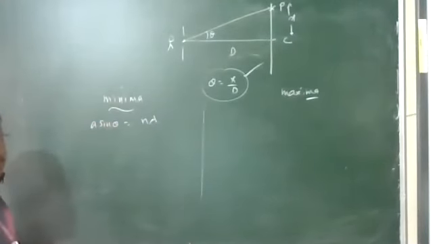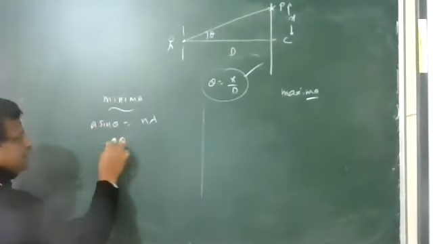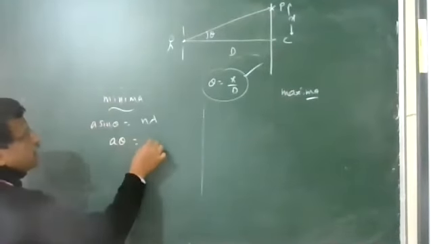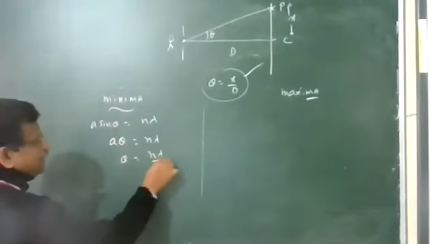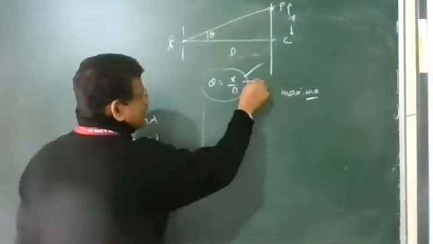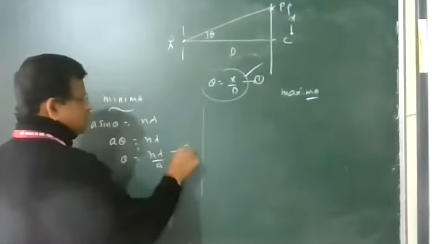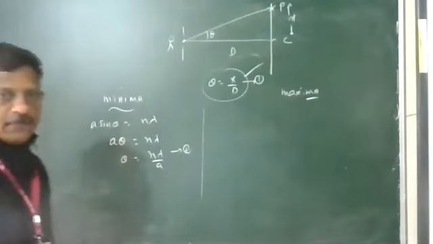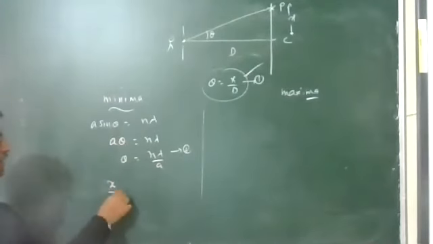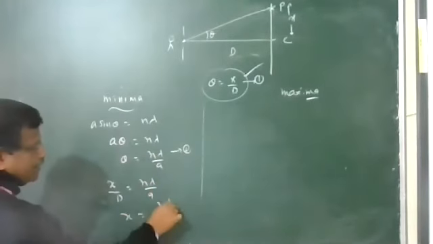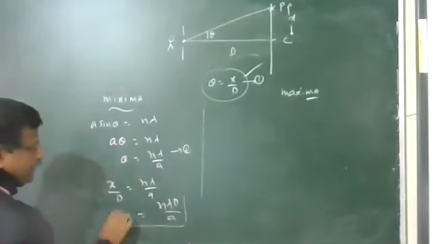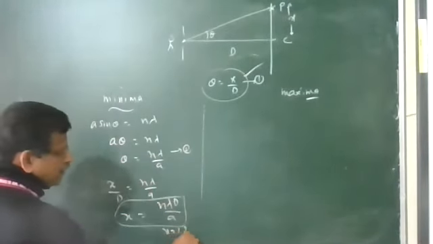Theta is very small, so sin theta can be taken as theta. So a theta is equal to n lambda, so theta equals n lambda by a. Equating the two, x by D equal to n lambda by a. So x is equal to n lambda capital D by a, where n equals 1, 2, 3, etc.